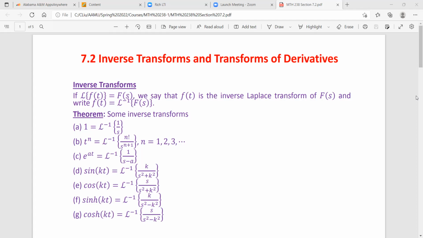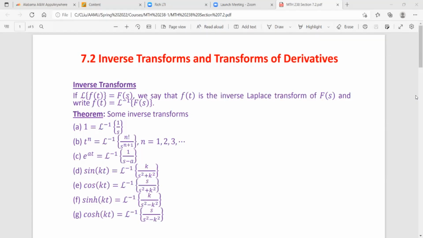When we change back from the s domain to the t domain, we need to take the inverse Laplace transform. And when we convert the differential equation into an algebraic equation, we also need to take the Laplace transform of derivatives of functions. So there are two topics in this section.